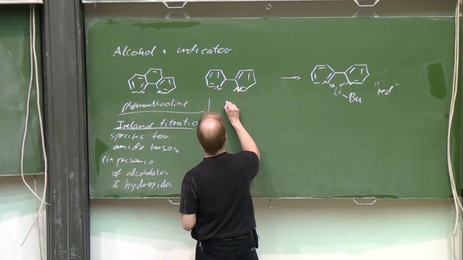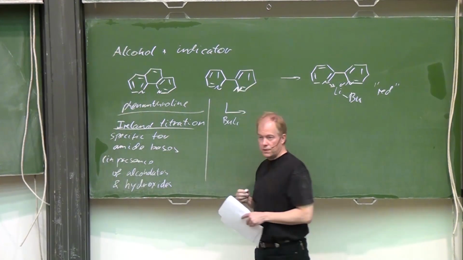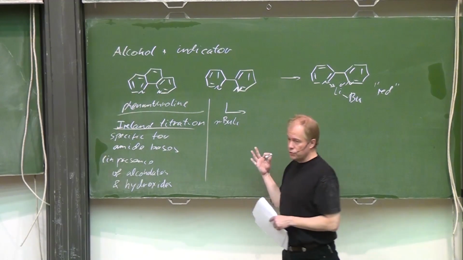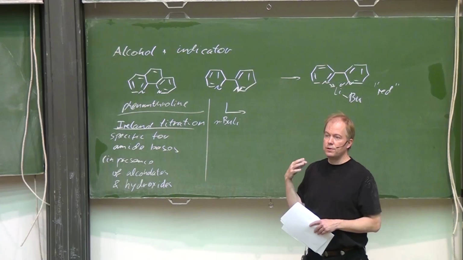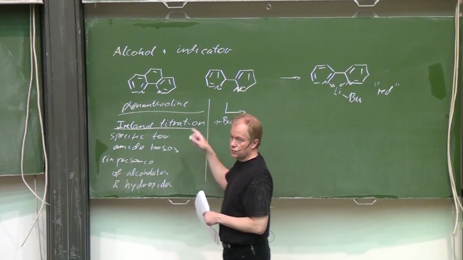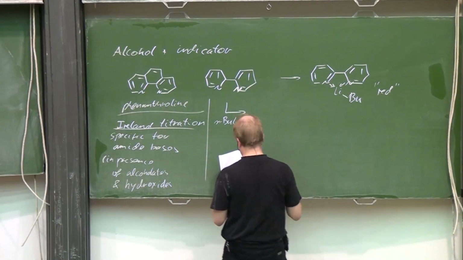So, n-butyllithium undergoes an addition reaction to this bipyridyl system and certainly also to the phenanthroline system.